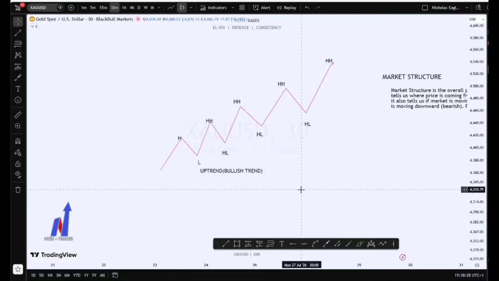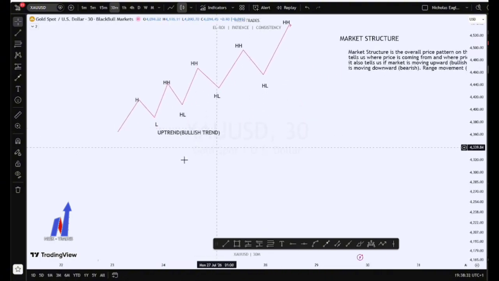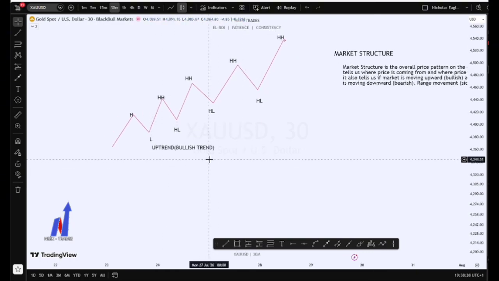This is an uptrend market, and the downtrend market, which is the bearish, is just the opposite of the bullish market.